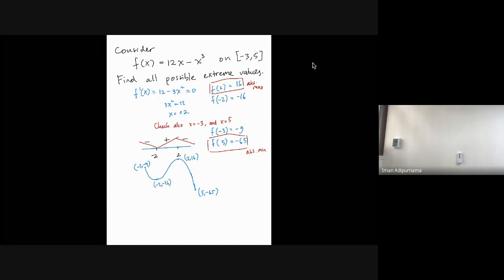It will be about chapter 3, derivatives. I will write some notes for you. I hope you have scanned the QR code. I will share it later if you need.